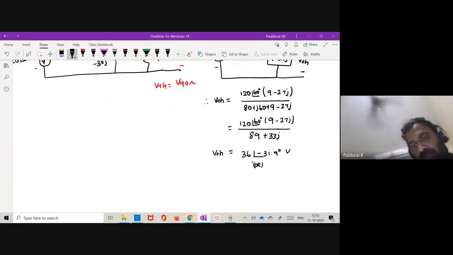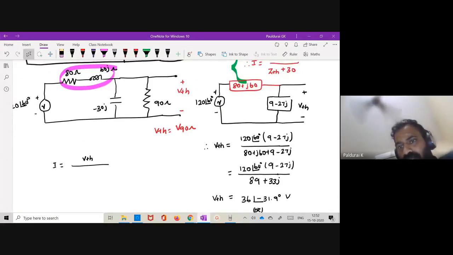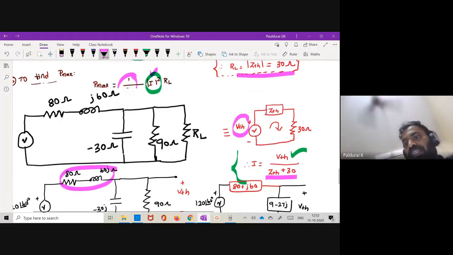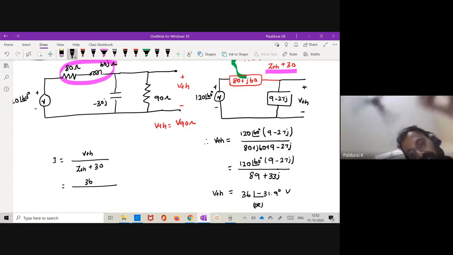But now what is my I? I equals VTH divided by, what is the formula? After finding VTH, the formula is VTH divided by ZTH plus 30, right? So VTH, take the magnitude 36, divided by ZTH.